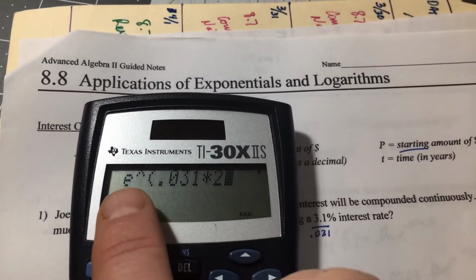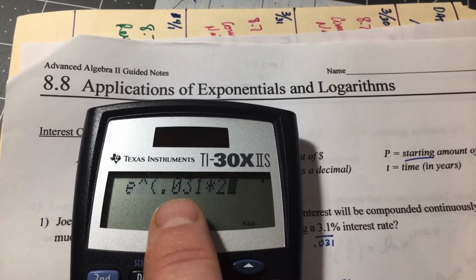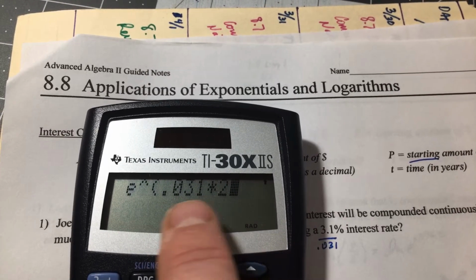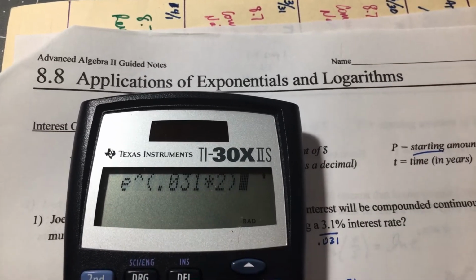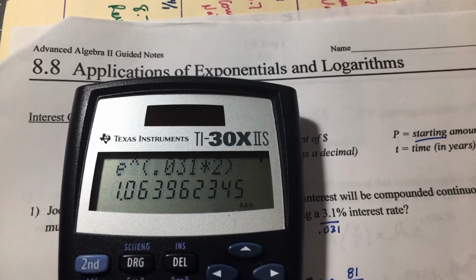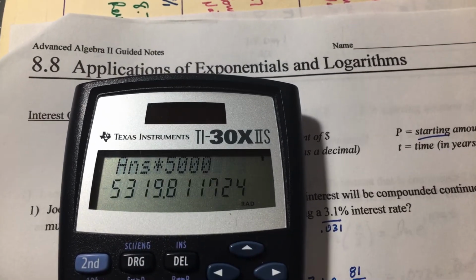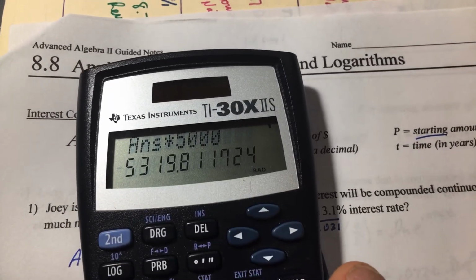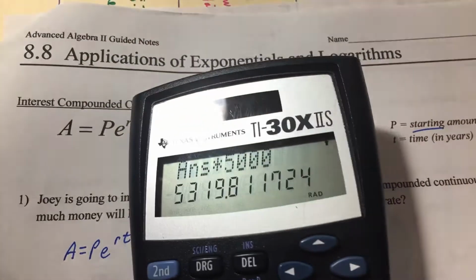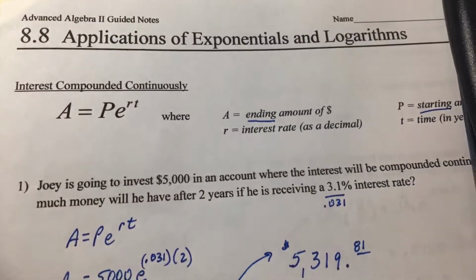I think it would just do e to the 0.031, get that answer, and then multiply by 2. That's not what we want. You'd be okay with this if you put parentheses around it. And then we multiply by 5,000. There's our $5,319.81. So first off, make sure that we're using that E button correctly.